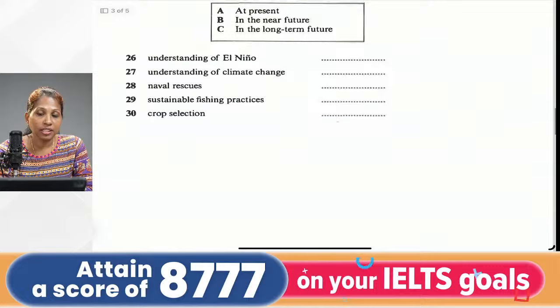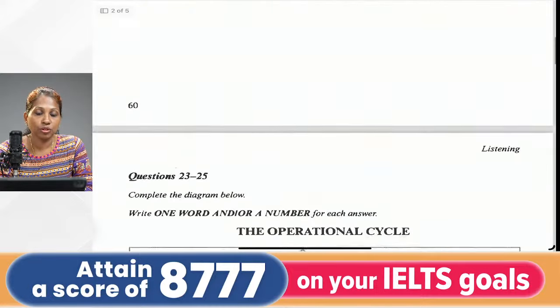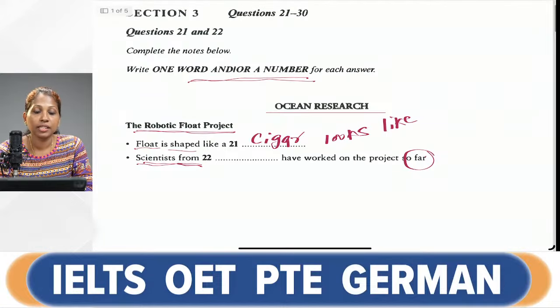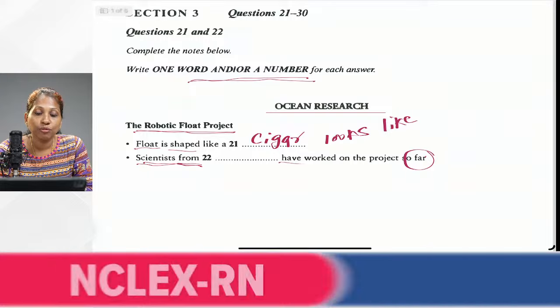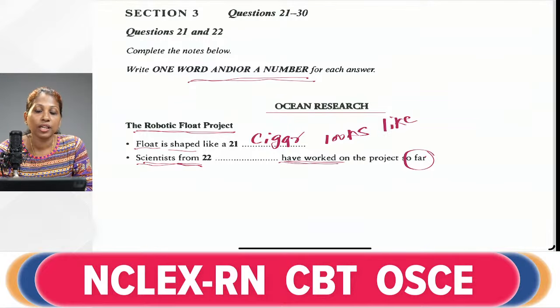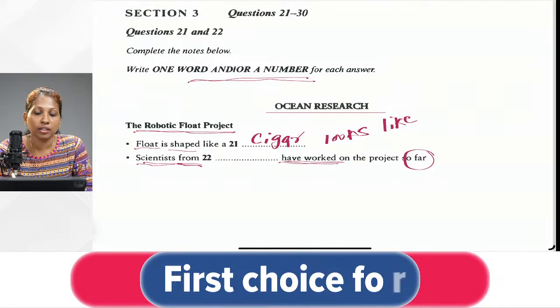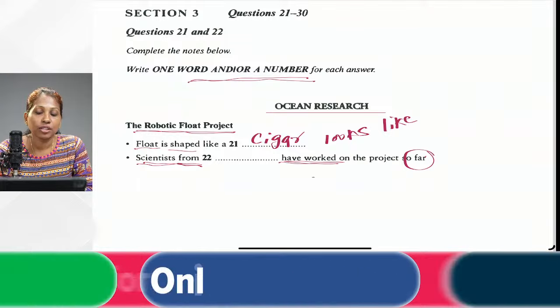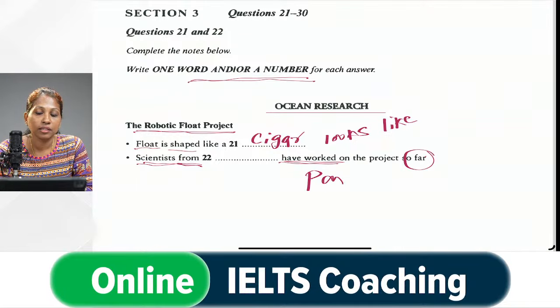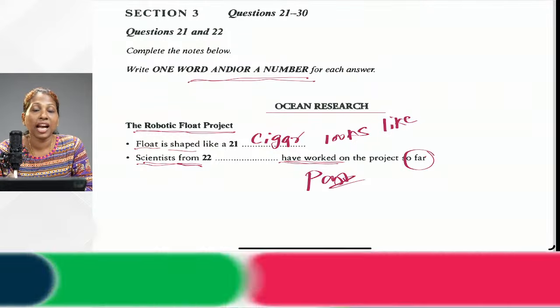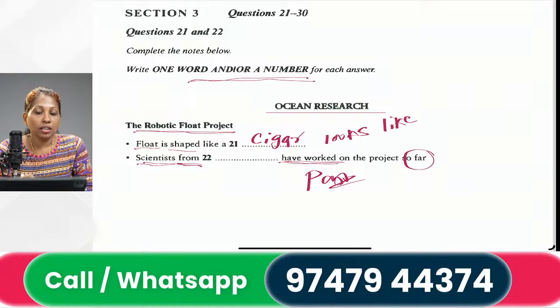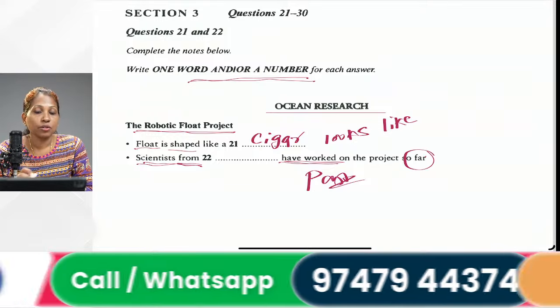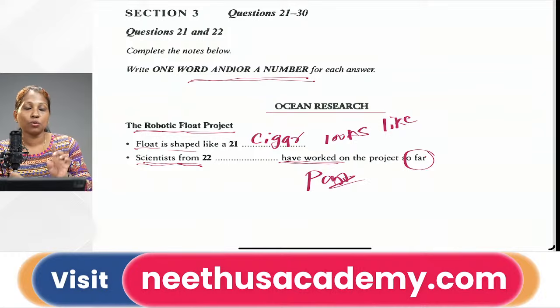The question says, scientists from blank have worked on the project so far. That means something from the past that has been happening, have worked. So 13, 14, don't get confused, the answer will be 13. The instruction says one word and or a number, so you can write one word and a number.